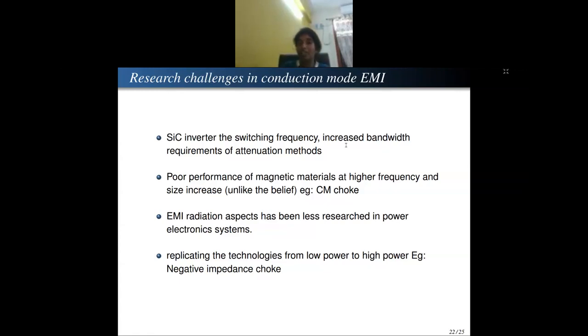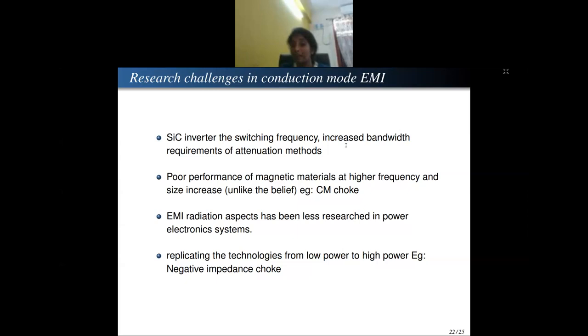The inductance of the actual choke keeps changing with the increase in frequency. Mostly it will degrade. See, if I design at 50 kilohertz, say my inductance is 1 millihenry. If I look at 1 megahertz or 10 megahertz or 50 megahertz, the inductance would have almost fallen down, and in some places it will act as a capacitance.